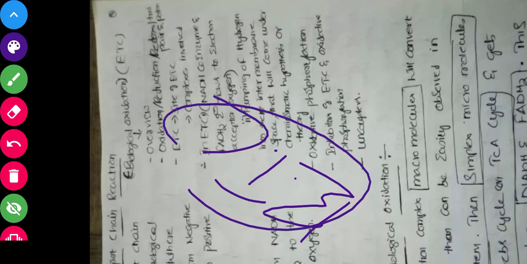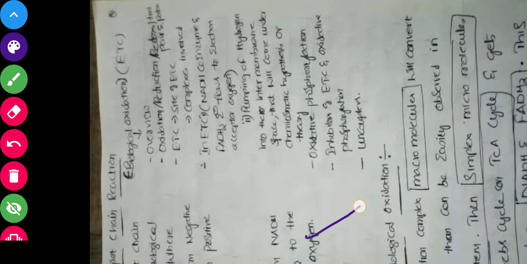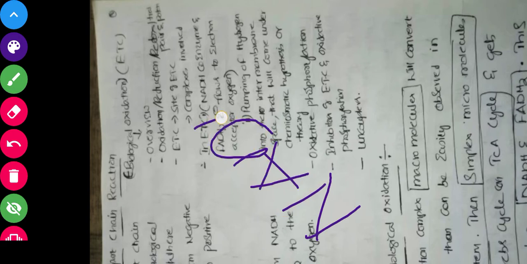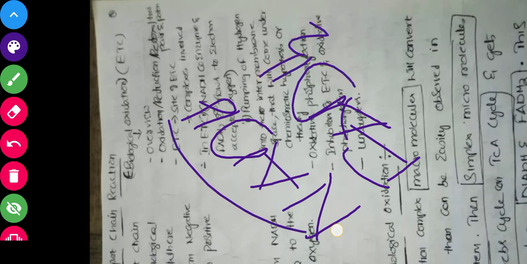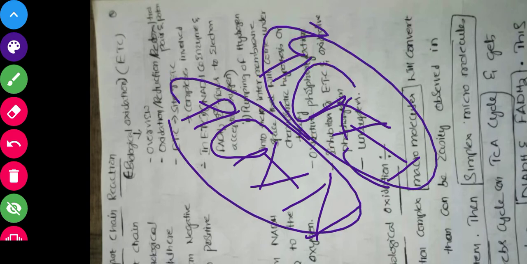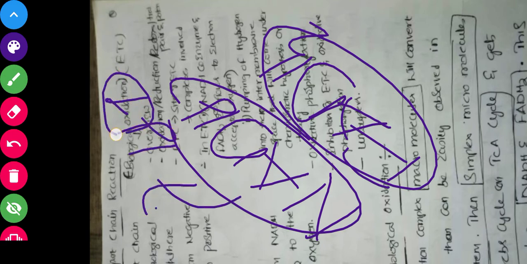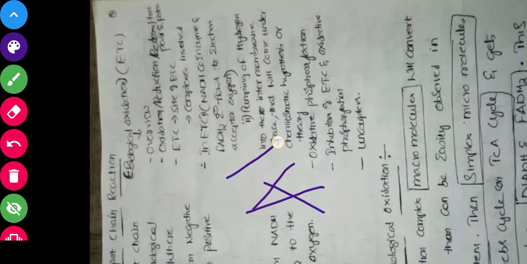This NADH and FADH2 will supply the protons or hydrides. Because of this, the ATP will be synthesized. That we will see in the electron transport chain reactions.